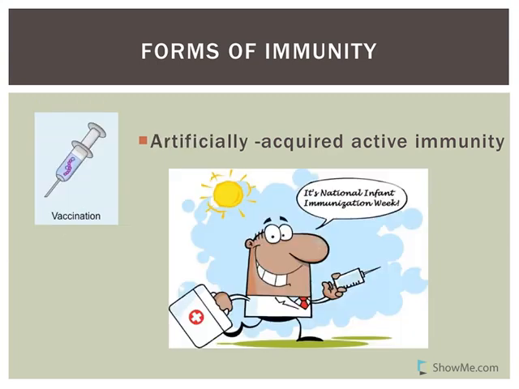The artificially acquired active immunity, a great example of that would be a vaccination. You're going to be injected by, say, a physician with the antigen, and with vaccines the antigen has been attenuated or weakened, where it should not get you ill, but if you do, it's usually mild, but your body will develop an immunity to whatever you've been vaccinated against.